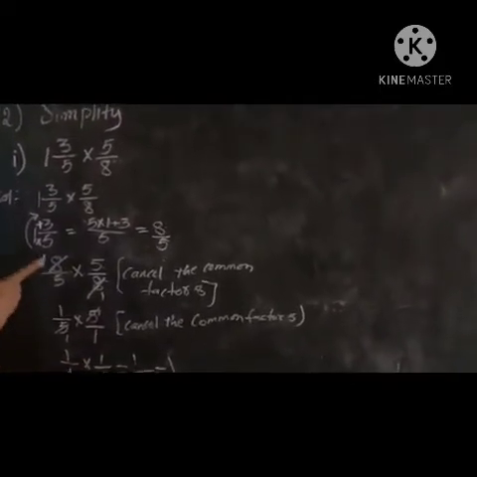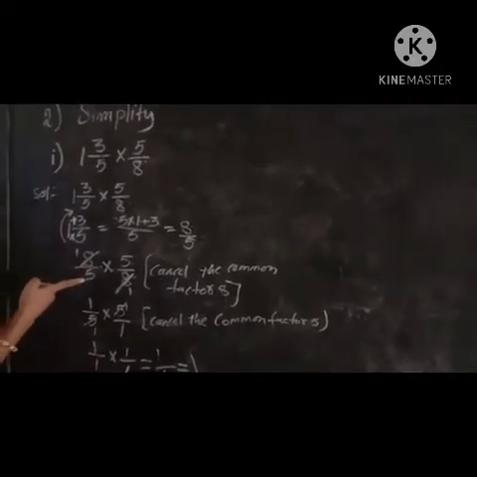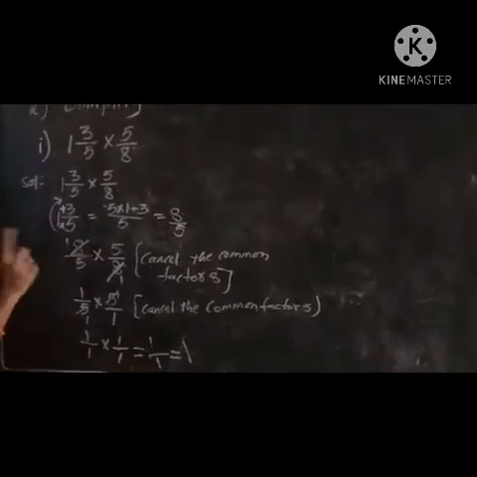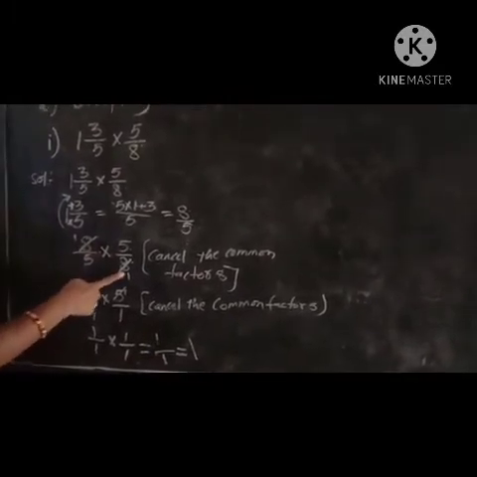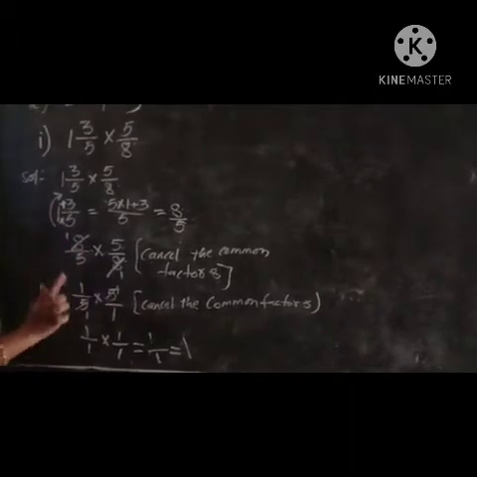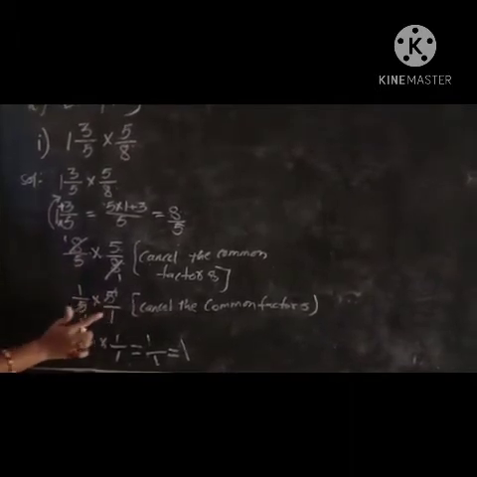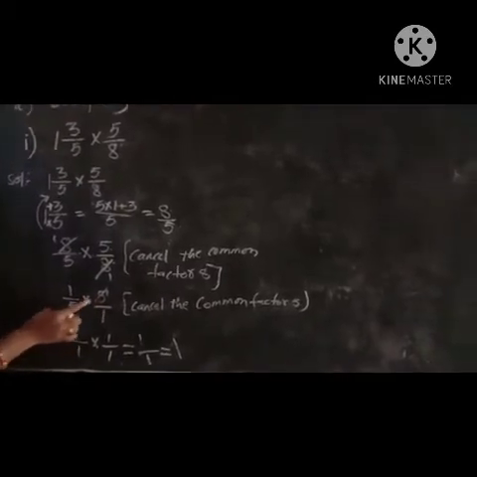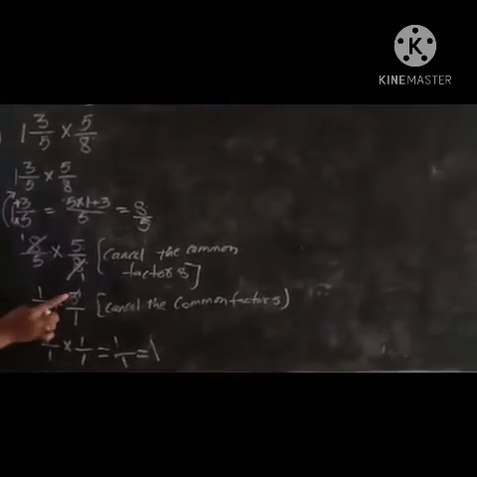See here, 8 by 5 into 5 by 8. Here is a 5 and here also 5. Here 8 and here also 8. First we cancel the 8. 8 ones are 8, 8 ones are 8. Next 1 by 5 into 5 by 1. Again 5 and 5. Now we can cancel these two numbers also. 5 ones are 5, 5 ones are 5.